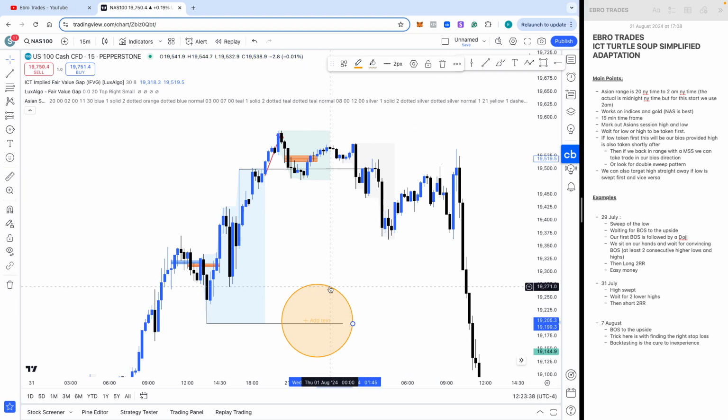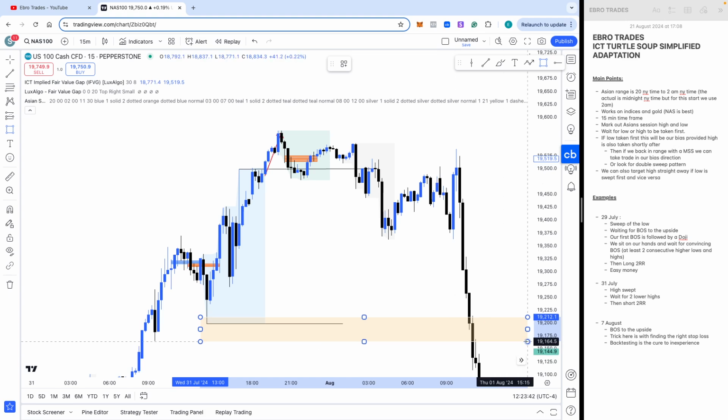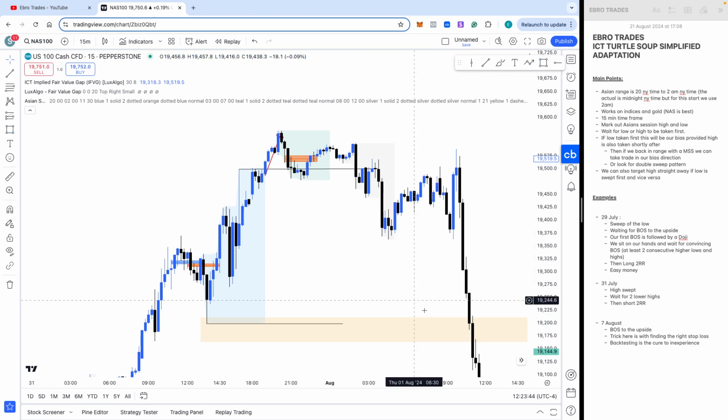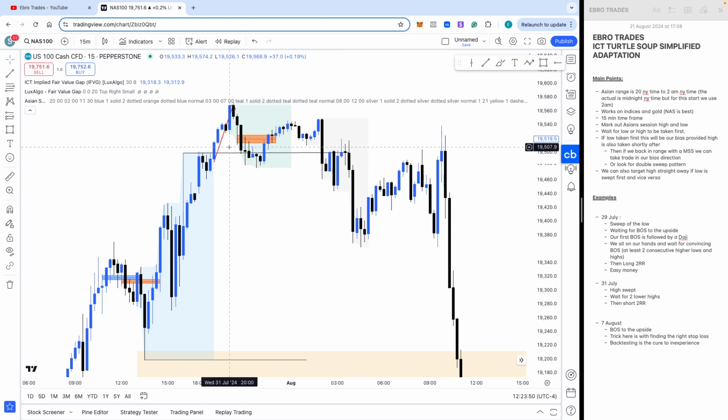Or actually, a better tool to show what I'm targeting: I am now targeting this. So now I'm monitoring. Can I see a fair value gap somewhere here? Yes, I can see a fair value gap here. However, the fair value gap is broken. Can I see consecutive lows being formed? Yes, I can. So here there's a whole bunch of ranging motion, so I would not enter the trade yet.